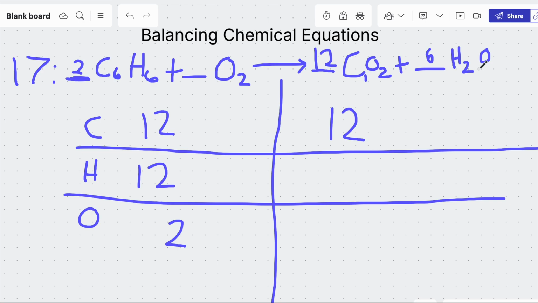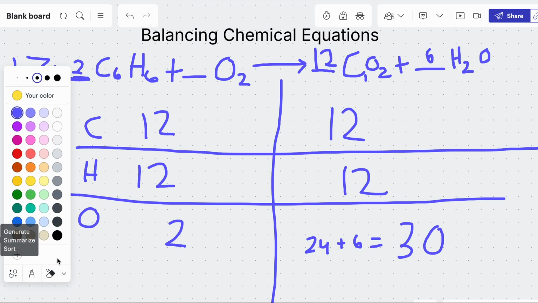So 6 times 2 for our H's gets us to 12. For our O's, again, we have 24 over here, plus, and then we just change this amount. 6 times 1 is 6, which gives us 30 total. Awesome.